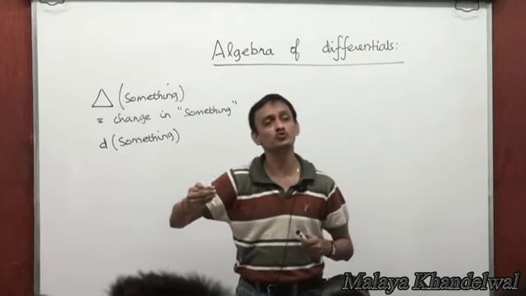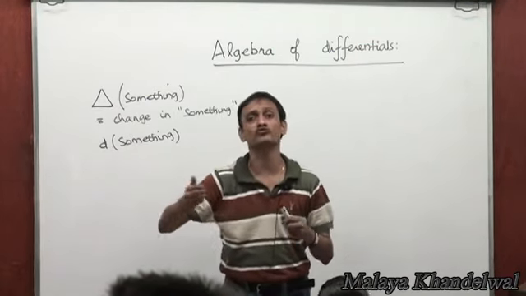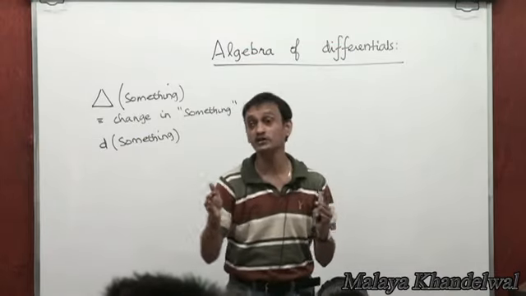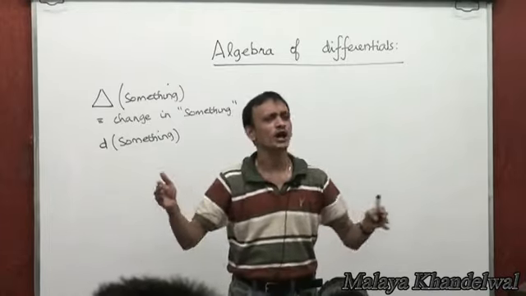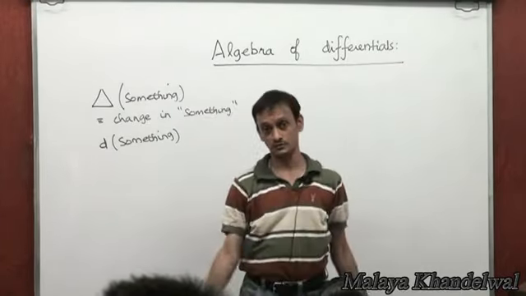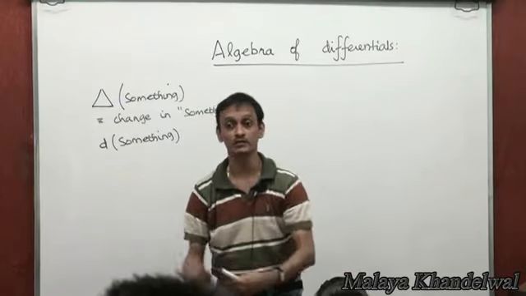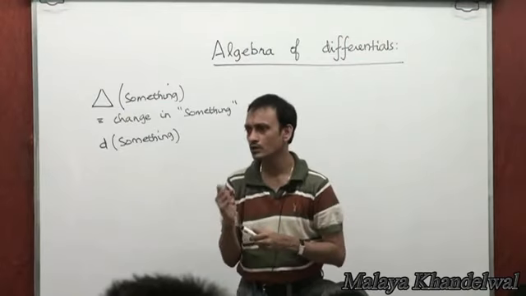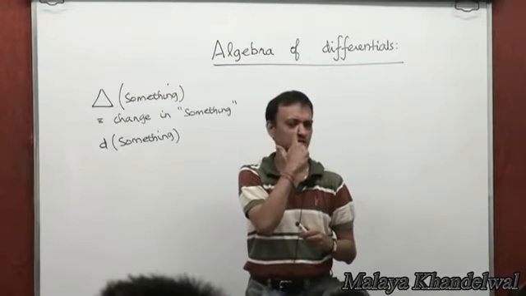This change comes closer and closer to zero. D means not a finite change, but a very, very small change, as small as you can conceive. That's d of something, as close to zero as possible. That's what physically d of something means.